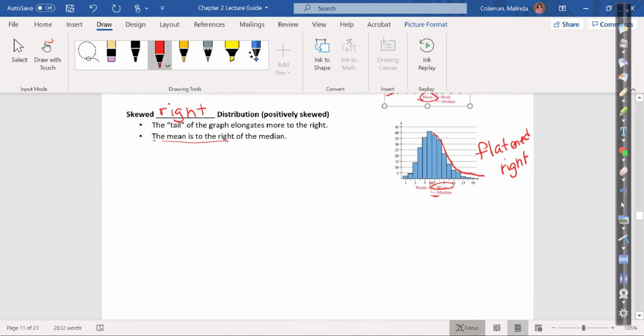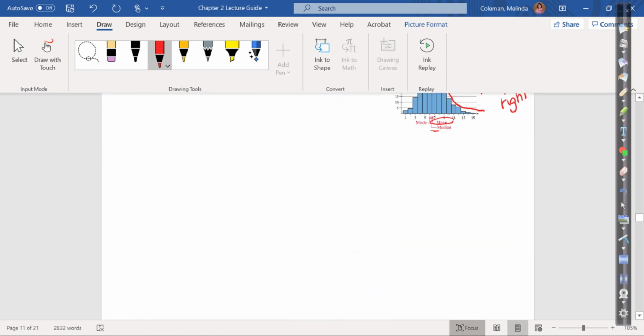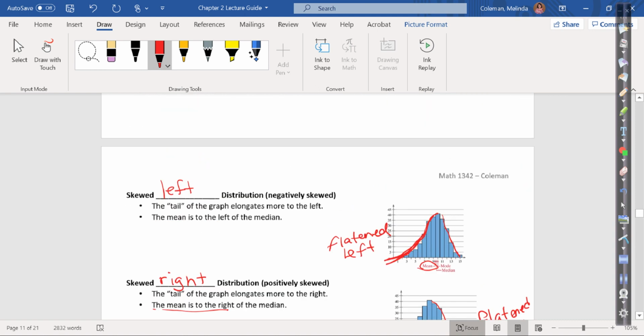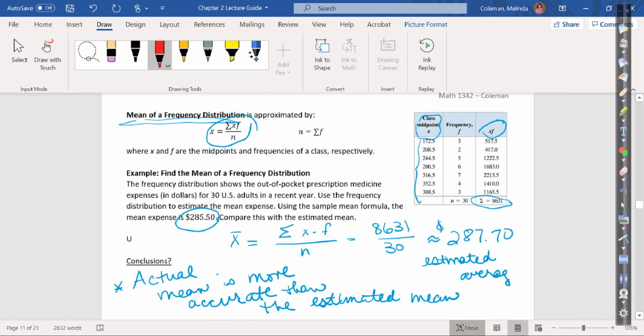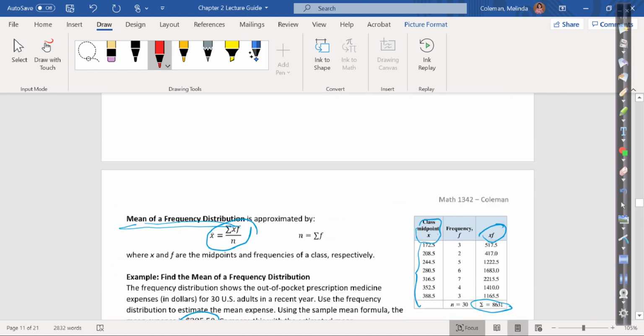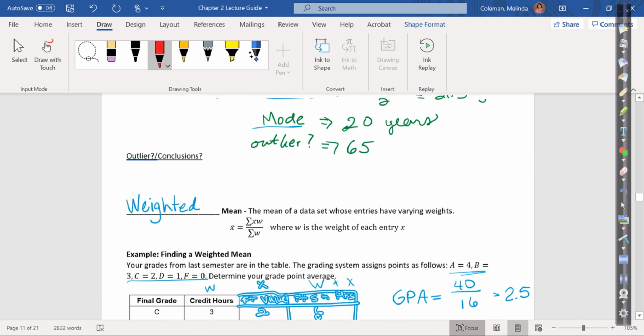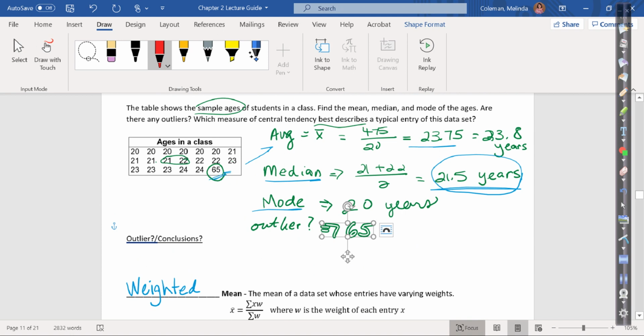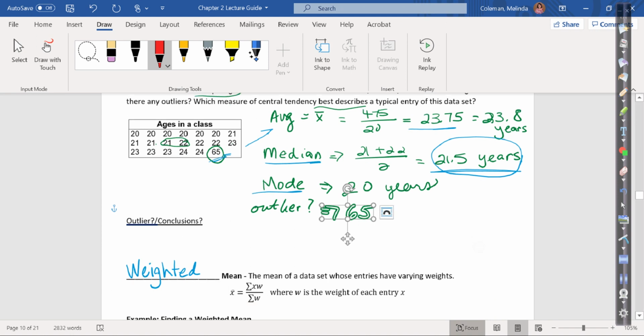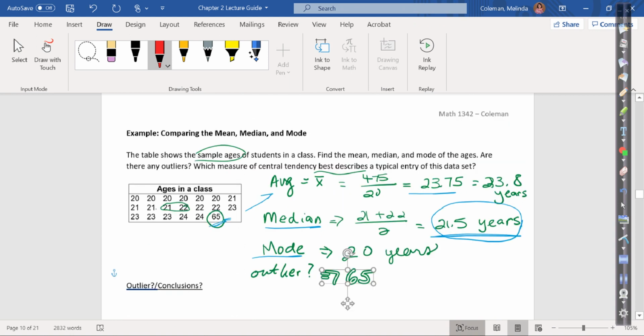And so if we take a look at the data that we had, let's look at the weight data.